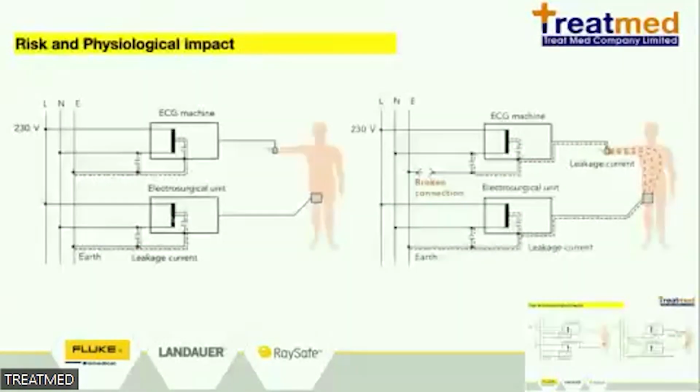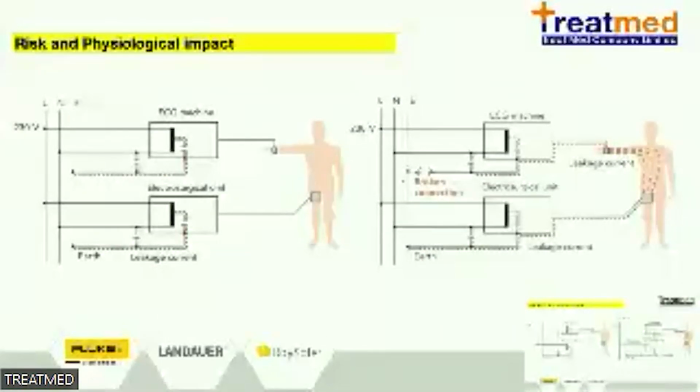When there is leakage current, it goes to the ground of the medical device and to the ground of the building. This is the ideal and normal complete system in the hospital.